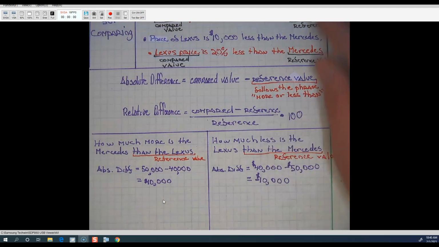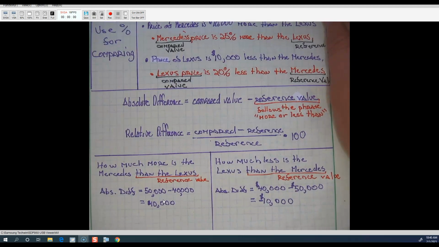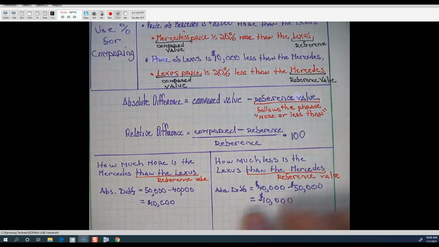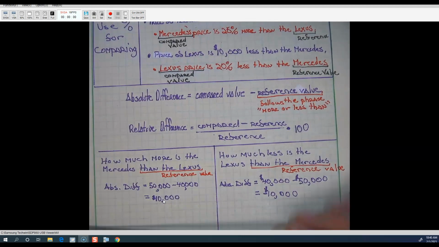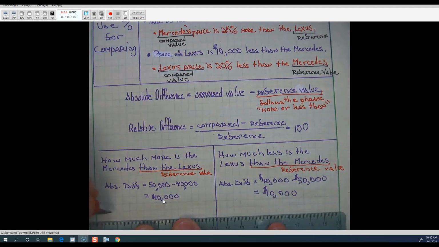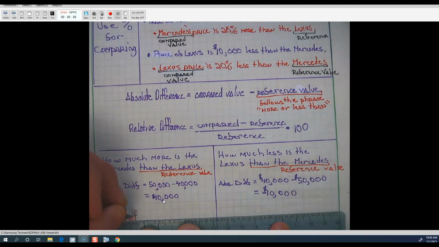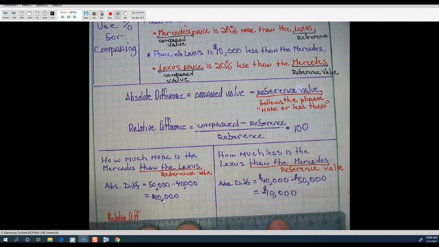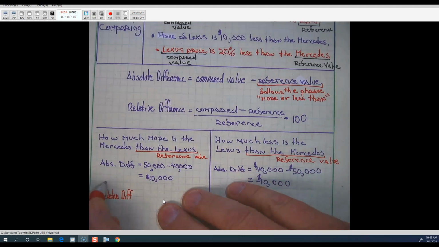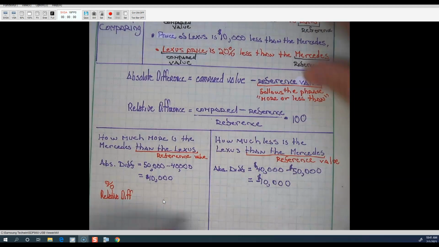All right, now what we want to do is, well, how do I change these into percentages? All right, so to get the relative difference, that's the percentage one. So relative difference is the same as percent difference.